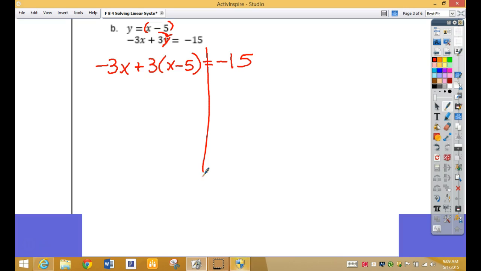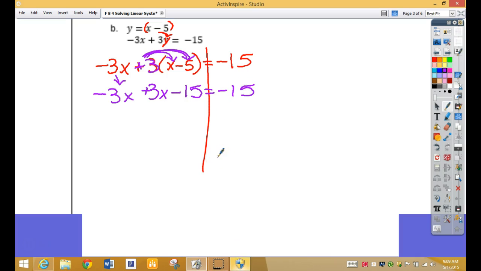What property? The distributive property. We need to take this positive 3 and distribute it. What is positive 3 times x? Positive 3x. What's a positive 3 times a negative 5? Negative 15. Bring down the other term.